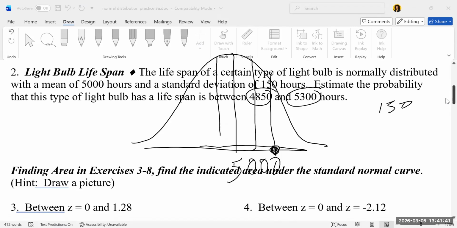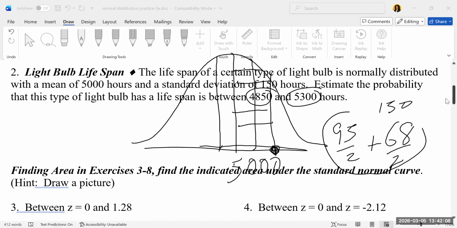So the probability: remember that from here to here is 95 divided by 2, plus 68 divided by 2. If I add these two, that will be the probability.